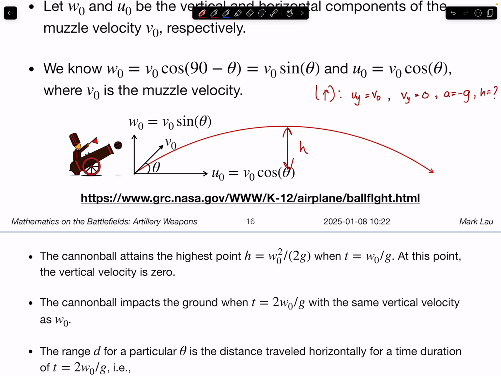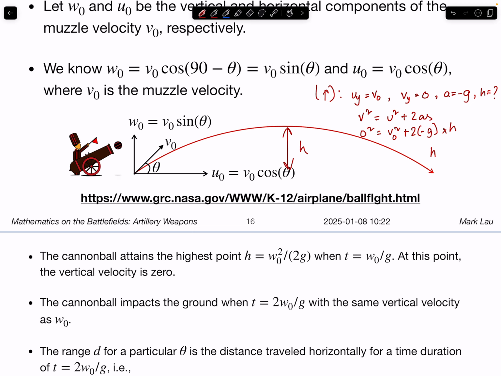Okay, so I need to use the formula v square is equal to u square plus 2as. So 0 square is equal to v naught square plus 2 times minus g times h. This is what I'm trying to find.